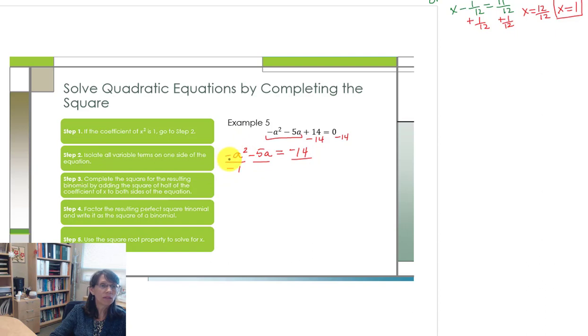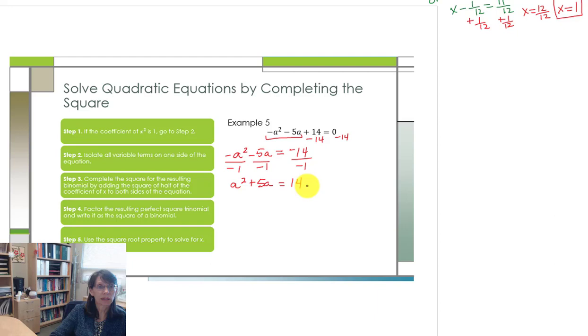So whatever the coefficient is, if it's not already 1, you're going to divide by the coefficient that's given. In this case, negative 1. So I now have a squared plus 5a, because negative divided by negative makes it positive 5a, equal to, again, negative divided by negative.